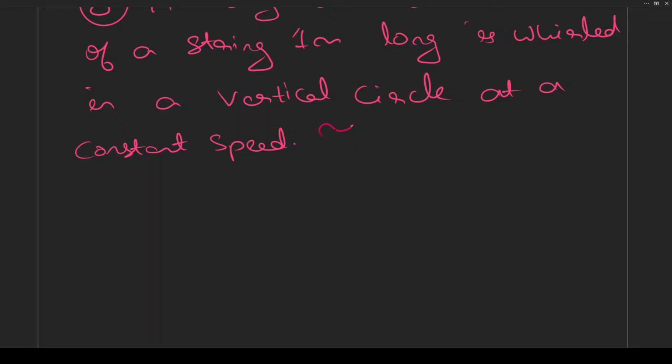The speed of the stone is 4 meter per second.